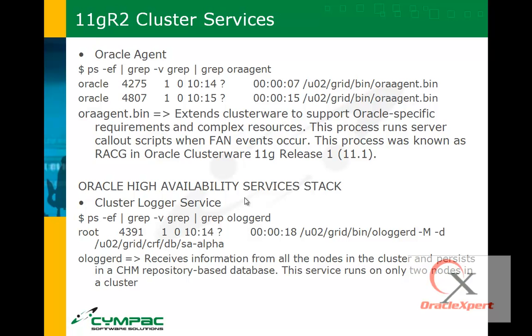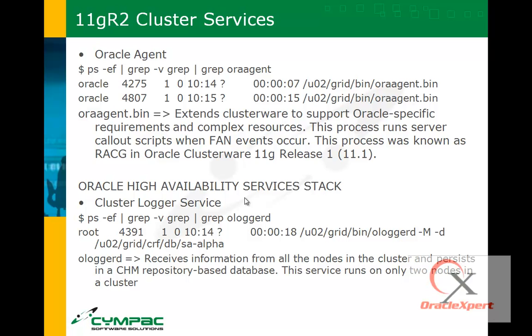It receives information from all the nodes in the cluster and persists it, and is part of the CHM, which is the cluster health monitor tool that comes nowadays with 11.2.0.2. So if your Oracle version is 11.2.0.2 or higher, the CHM tool is by default built into your clusterware, the grid infrastructure software.